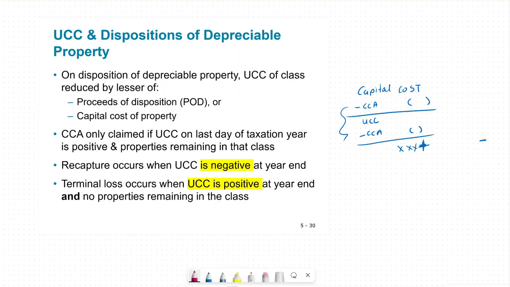So what happens in this case? If you have a positive number, in order to close this class you need to put in a negative.